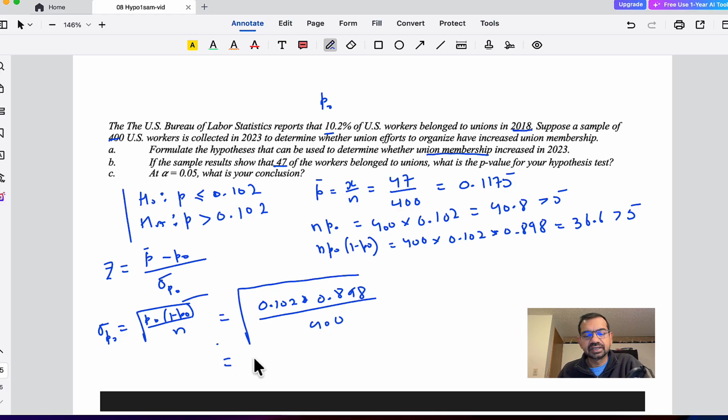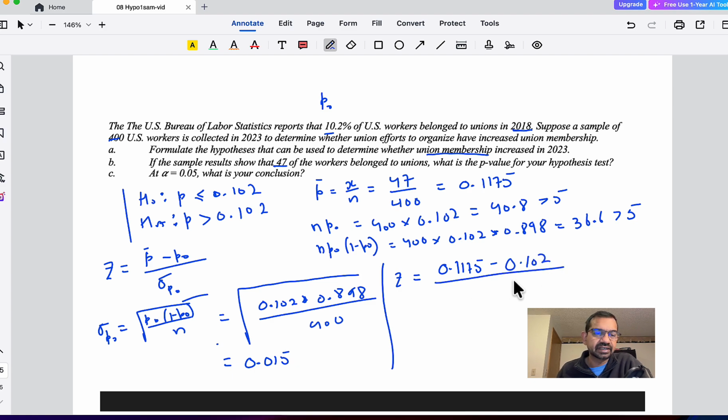This will be equal to 0.015. So putting this all together, our test statistic, or our z-stat, is our sample proportion of 0.1175 minus the hypothesized value of 0.102, divided by our standard error of the population proportion, which is 0.015. And this is equal to 1.02.